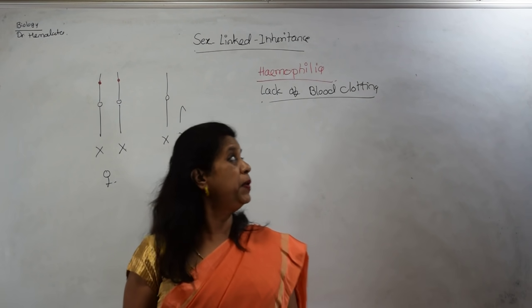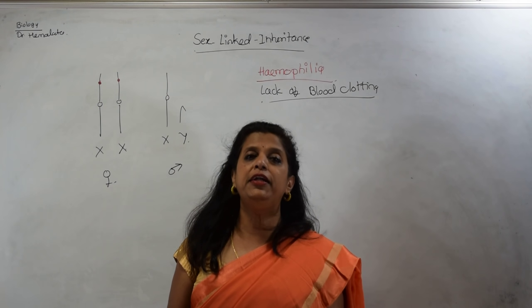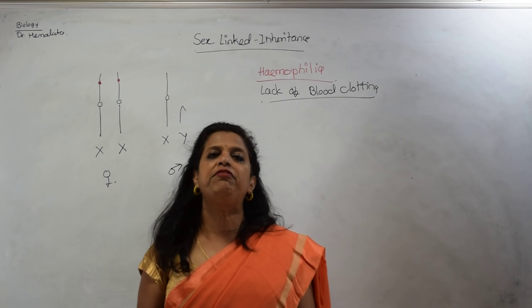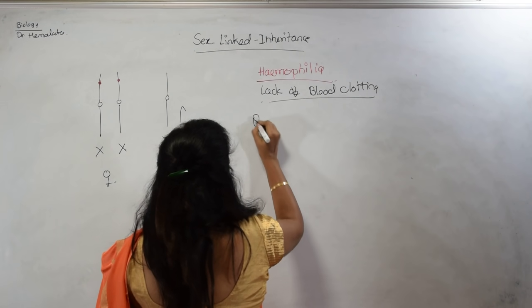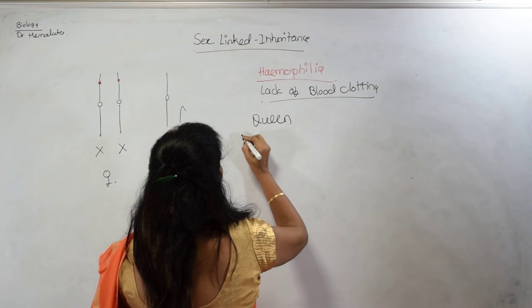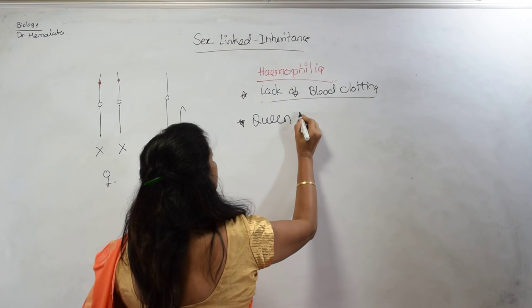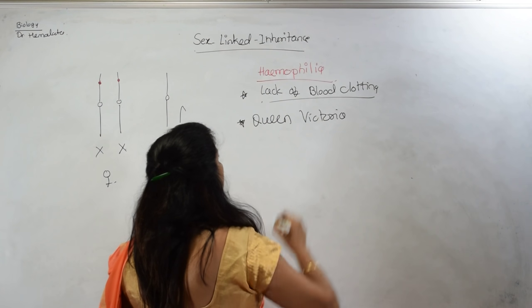Now, the next part I want to explain is where this hemophilia was first identified. The hemophilia disorder was identified first in the royal families of Queen Victoria. See, so many words you have to remember. It was identified in Queen Victoria's family, the royal families of England.